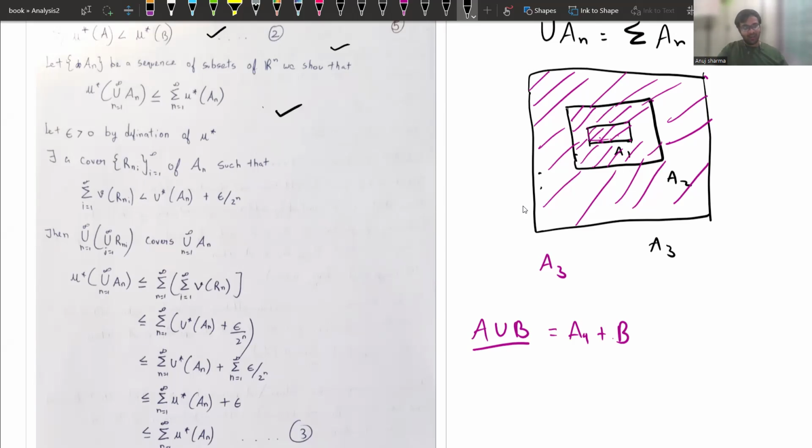Now, remember the definition of the outer measure: there exists a cover Rn of An such that the volume of Rn is less than the measure of An plus epsilon.